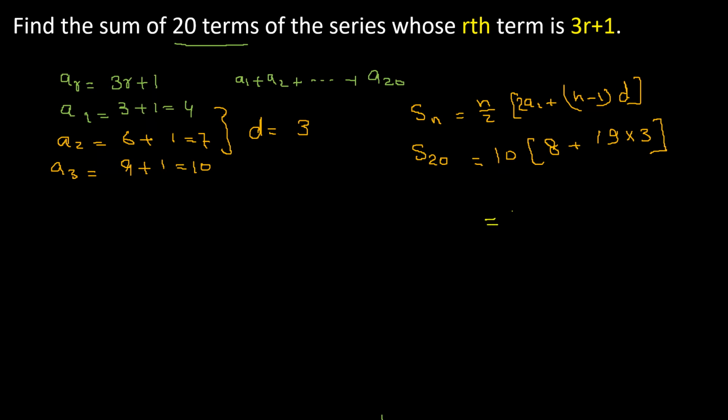So that makes 10 into 8 plus 57, which is 650. This is just a simplification: 10 times 65 makes 650. So the sum of 20 terms of the series whose rth term is 3r plus 1 is 650.